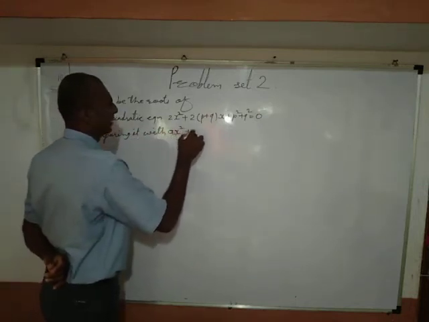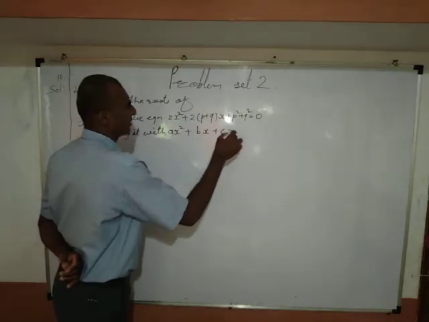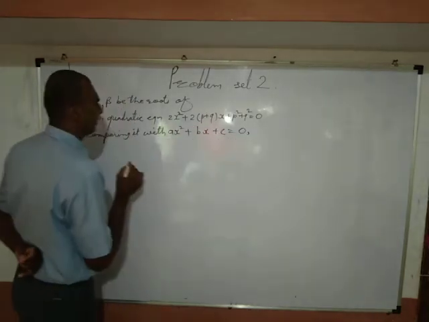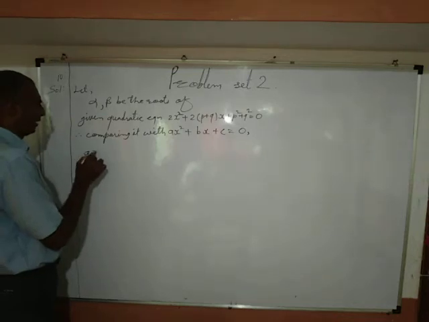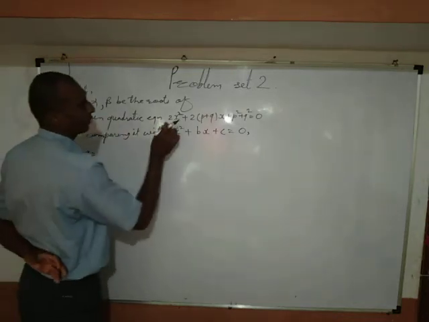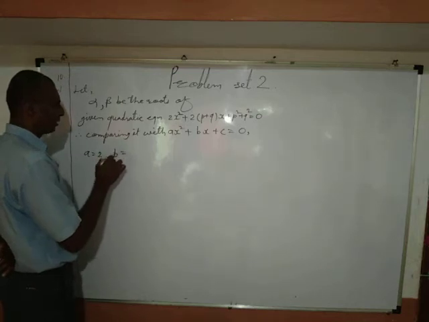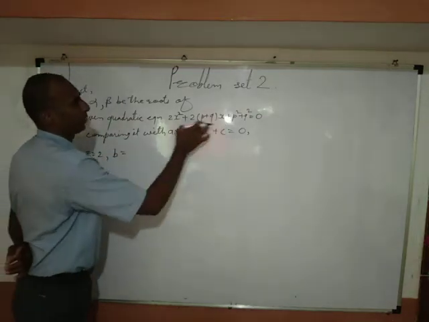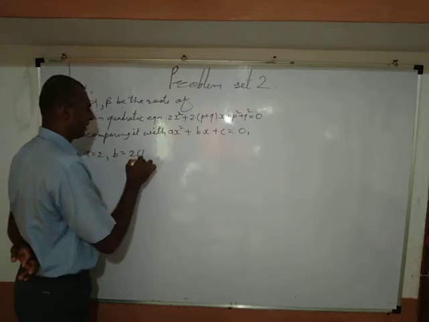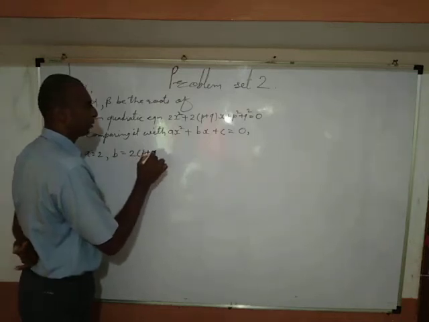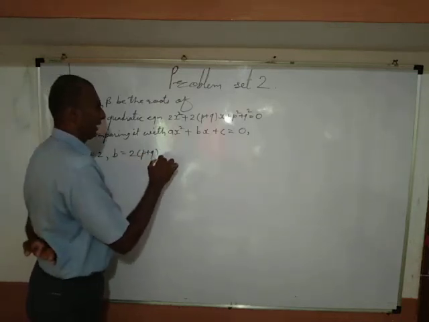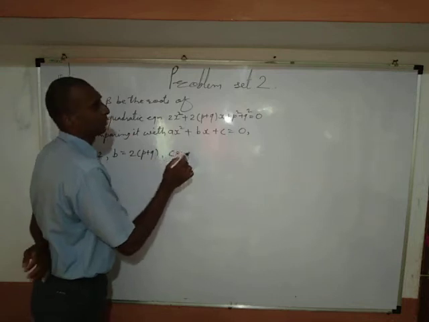ax square plus bx plus c equal to 0, we have a equals 2, a is the coefficient of quadratic term. b is the coefficient of linear term, which is 2(p plus q), and c is the constant term.